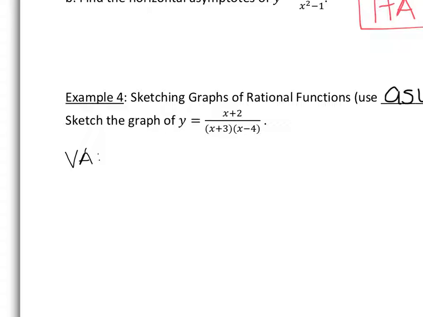So start by setting your denominator equal to 0 and finding the points of discontinuity. So our points of discontinuity are x equals -3 and x equals 4. Pause it and make sure you've got all the work, and that makes sense how we got that.